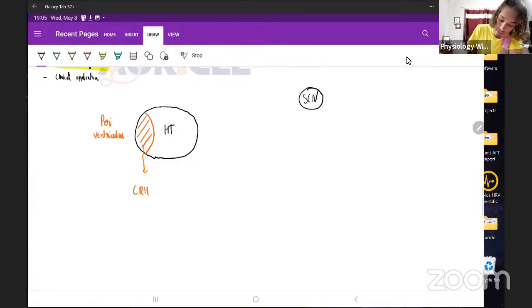Your circadian rhythm is pretty important in maintaining your HPA axis. How so? Because this is not a continuous signal. The signal that is going to come from this is going to be pulsatile in nature.